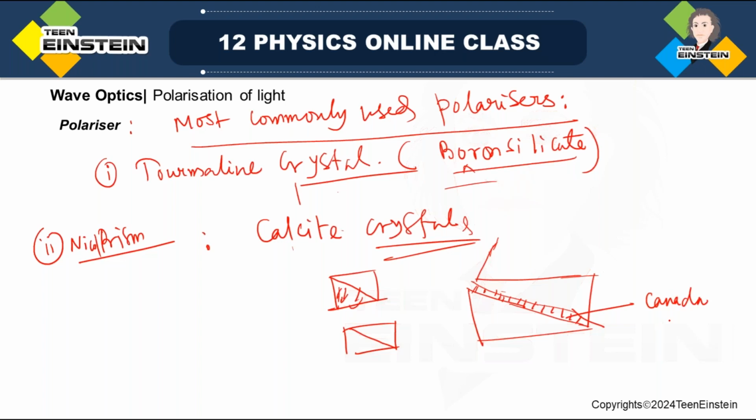When light passes through this, unpolarized light will be polarized. I think this polarization happens due to scattering of light. We'll see that scattering action.